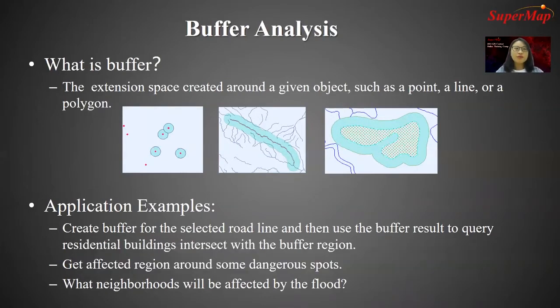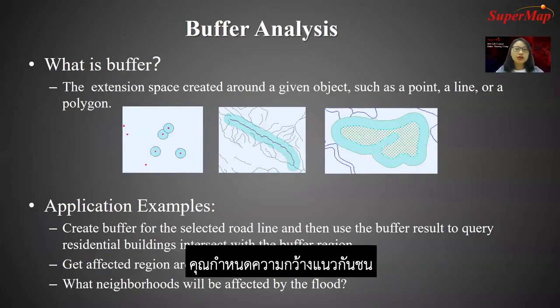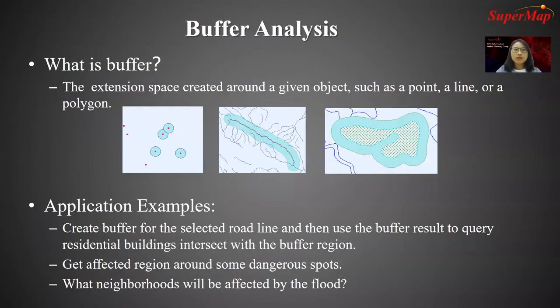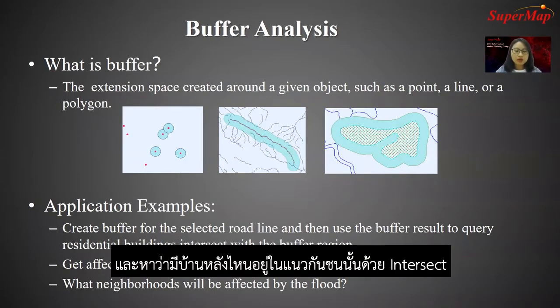Here you can use buffer analysis to analyze the road and set a certain width, and then find out the houses that intersect with the road.